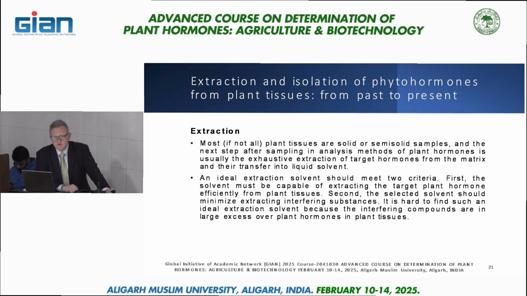One of the most widely used strategies is solvent extraction, where a carefully chosen solvent dissolves the phytohormones while minimizing the extraction of unwanted compounds. The choice of solvent depends on the chemical properties of the target hormones. I said at the beginning of the lecture about it.